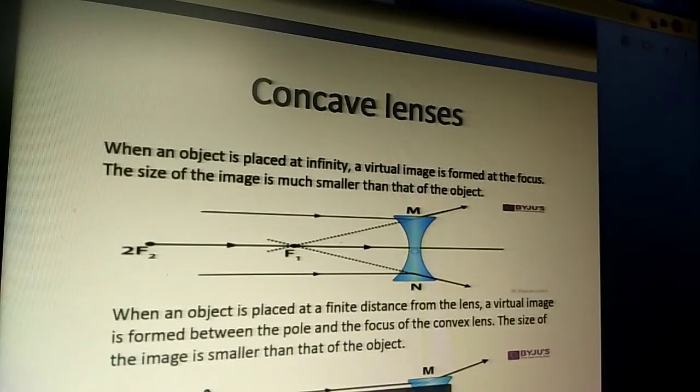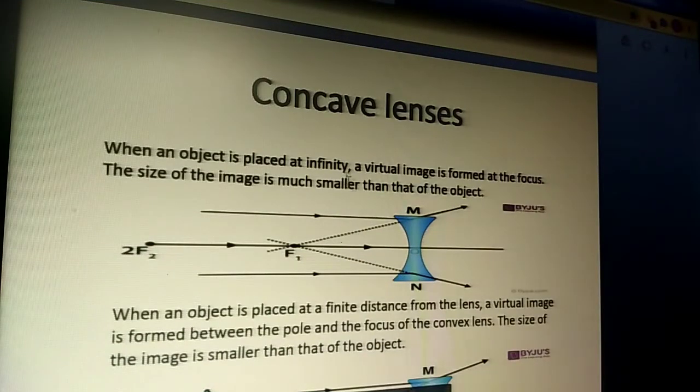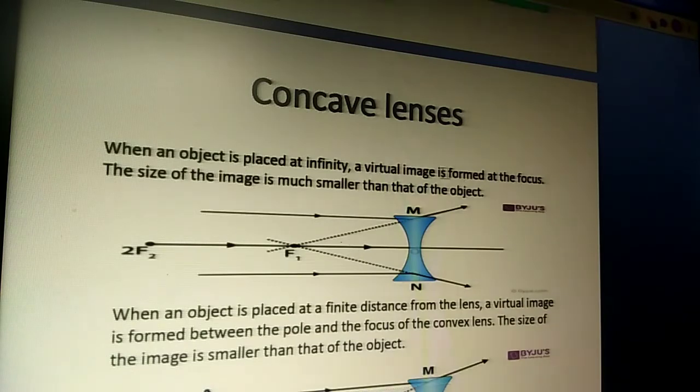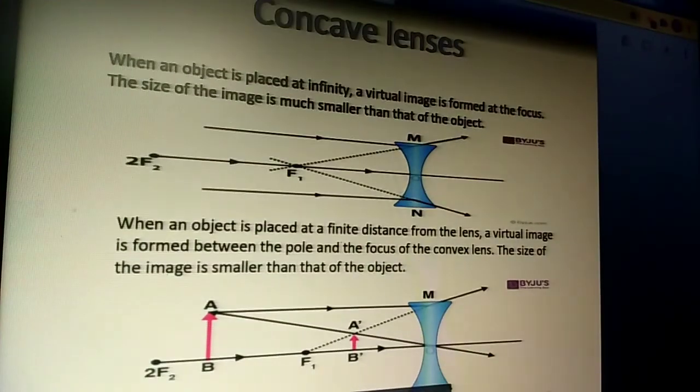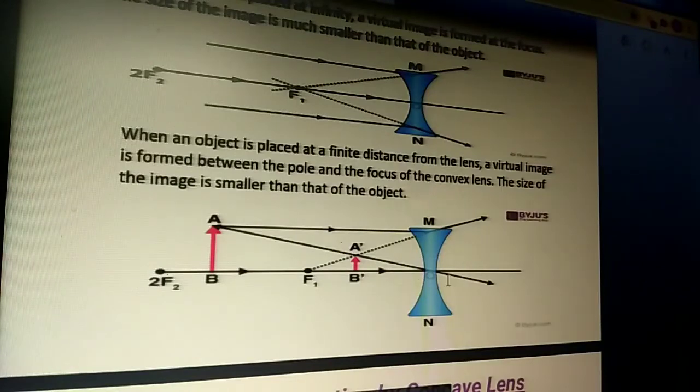A concave lens is equivalent to a convex mirror. Wherever the object is, it always forms a diminished, virtual, erect image. Now the extended dotted lines, parallel to the principal axis from an infinite object, diverge after refraction.